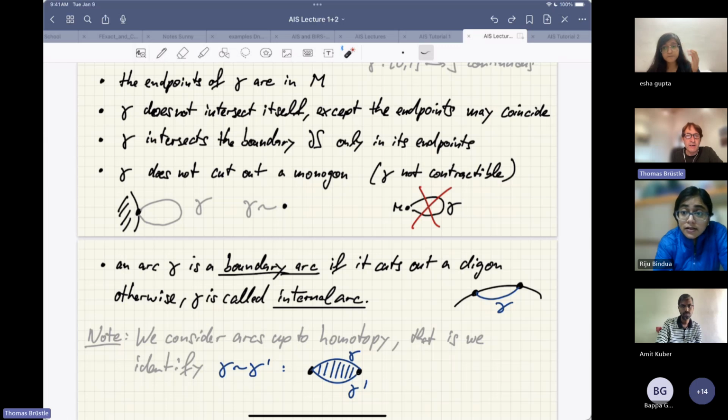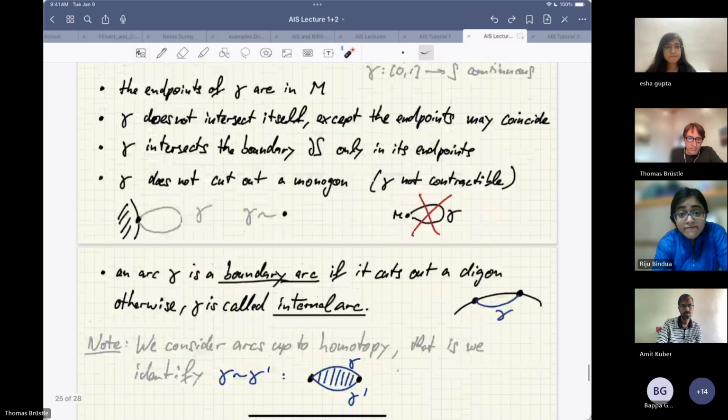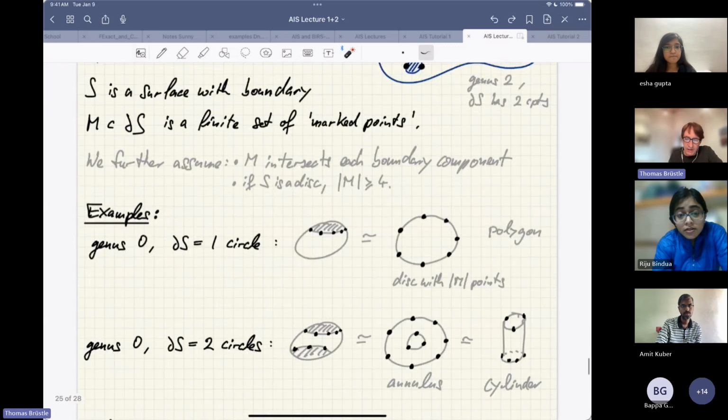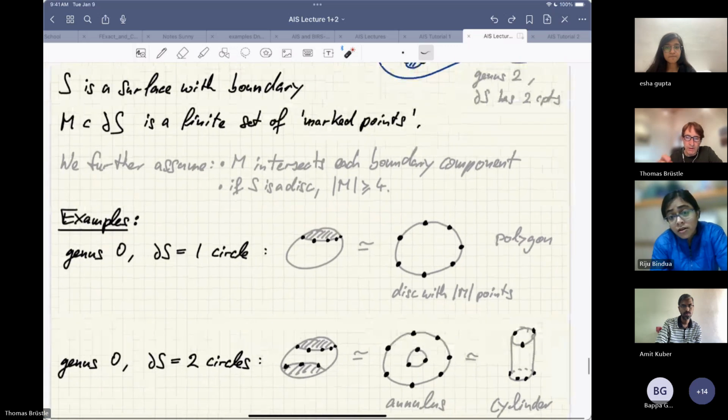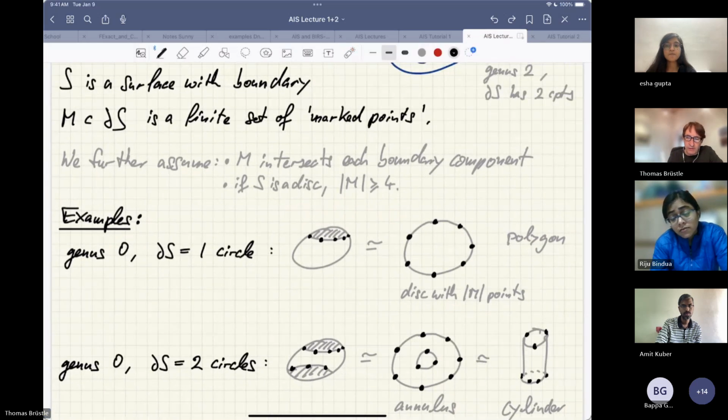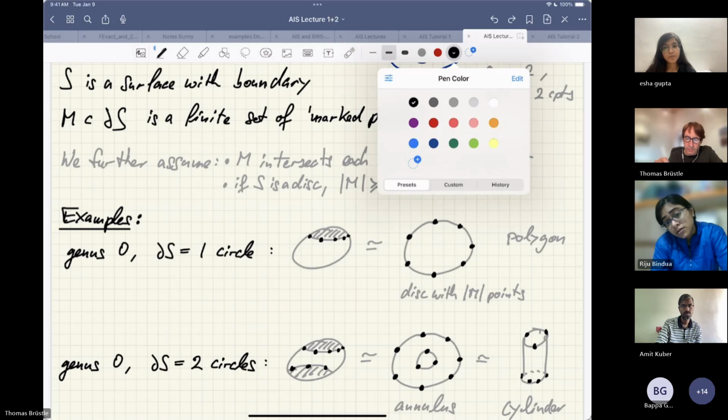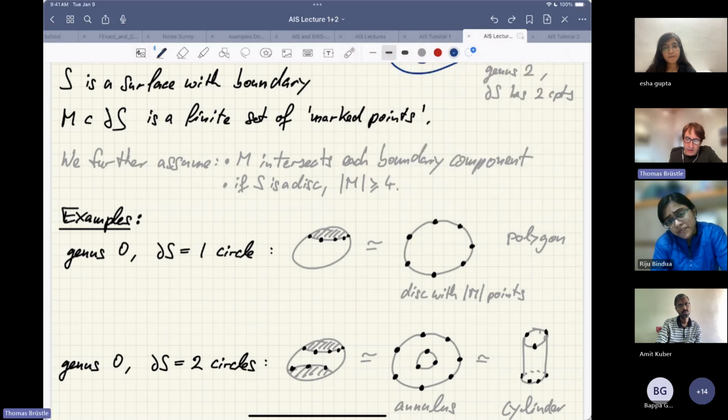Could you give an example of an internal arc? Yes. Let's say here in the polygon, so this gamma here would be a boundary arc.